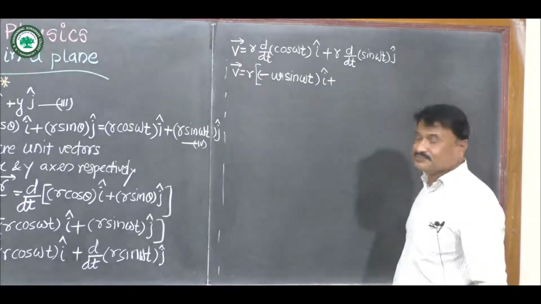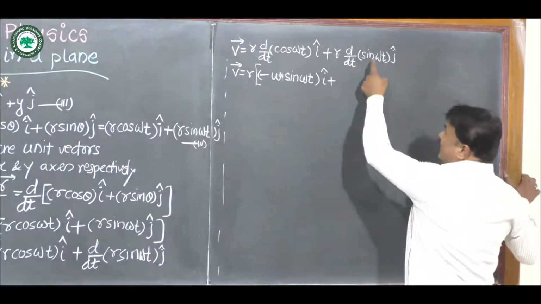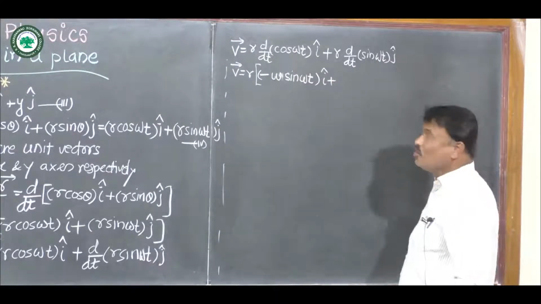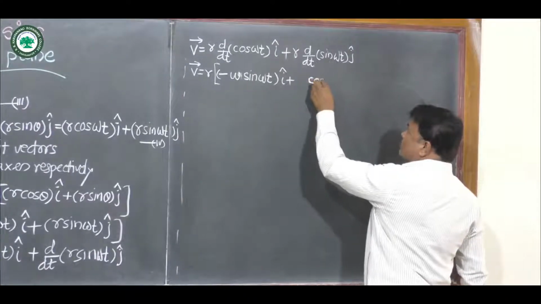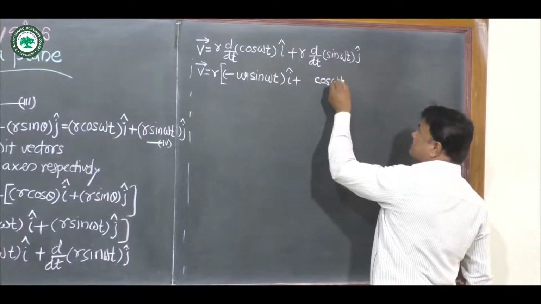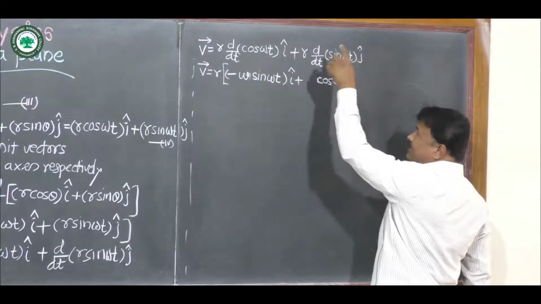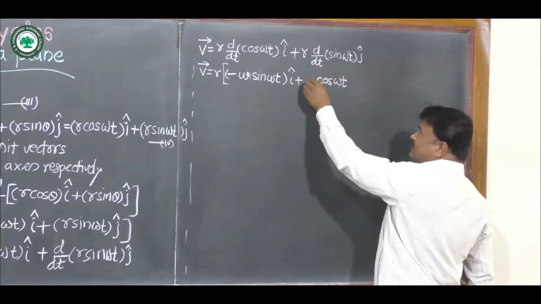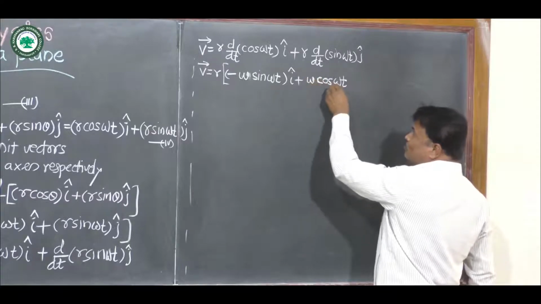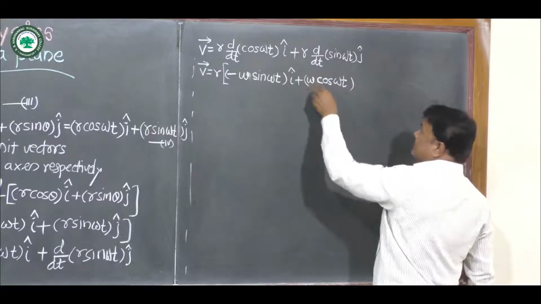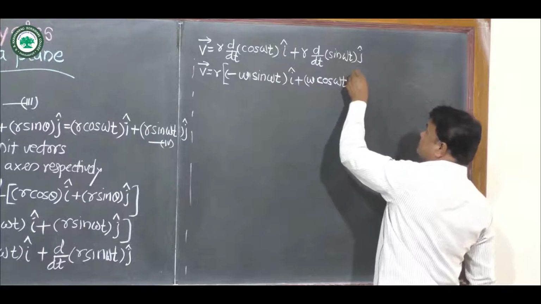Similarly, derivative of sin is plus cos, so we write cos omega t, and derivative of omega t with respect to time is omega, so finally we get omega cos omega t into j cap.